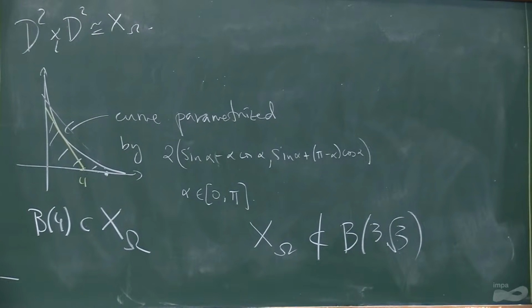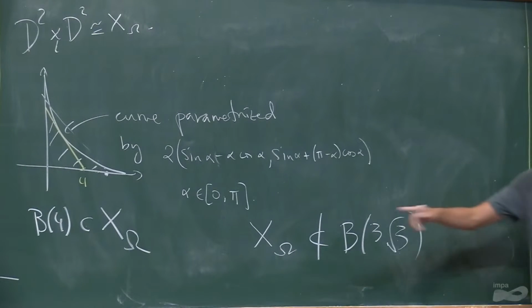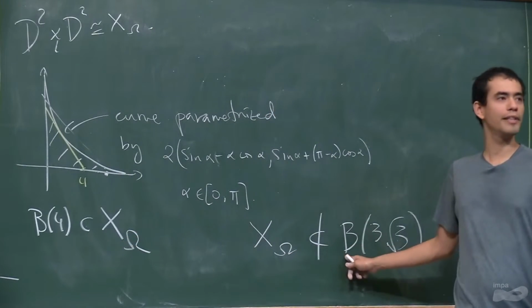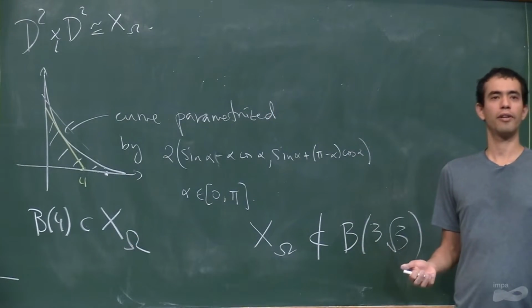Okay? So let me say this one more time. When you're looking at embedding a ball into the bidisk, or the bidisk into a ball, neither of the two problems are rigid in the sense that the best embedding can be seen by inclusion. But after you put in your toric glasses, you can see that this one is rigid, but this one is still not rigid even after you put in your toric glasses.